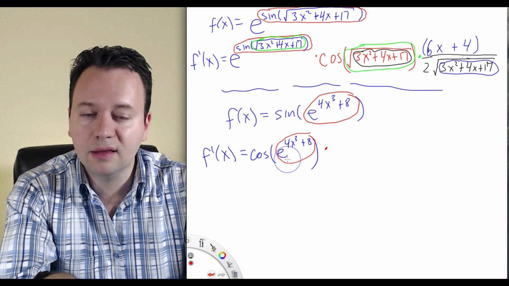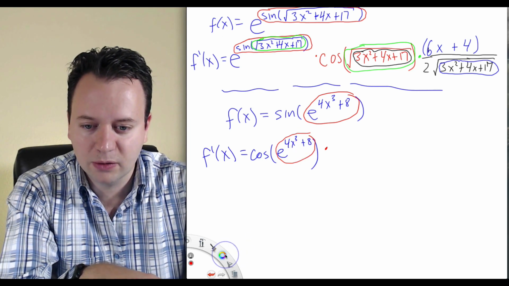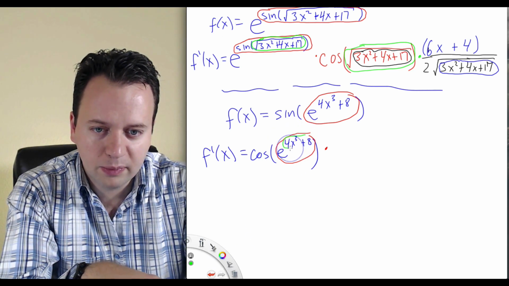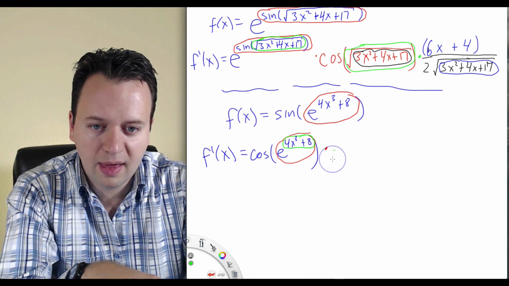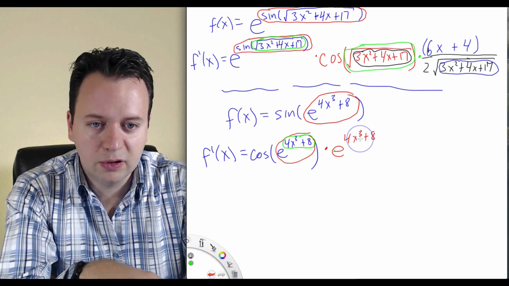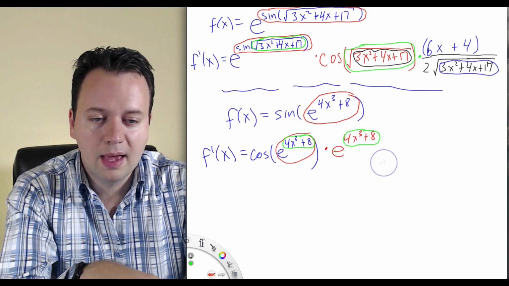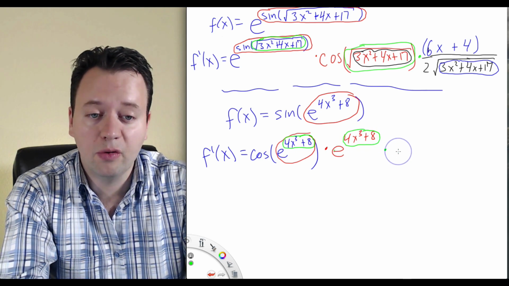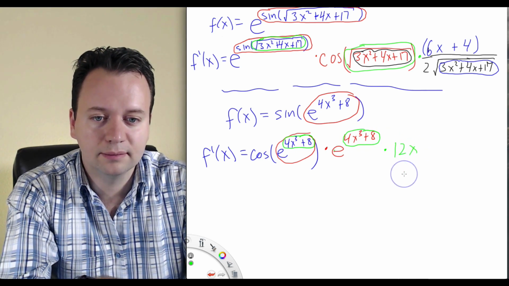Okay, now to take the derivative of this, we have e to something. So we have e to this bubble. So the derivative of that is just e to the bubble. Exactly. And then we multiply by the derivative of the bubble. So we get 12x.